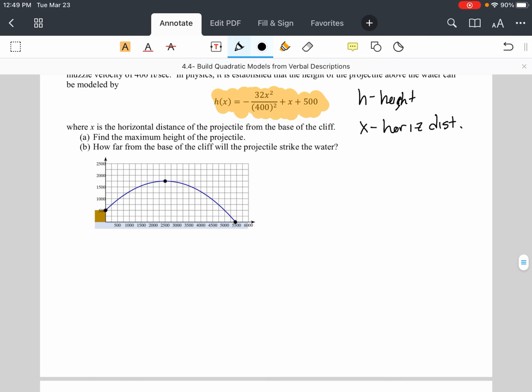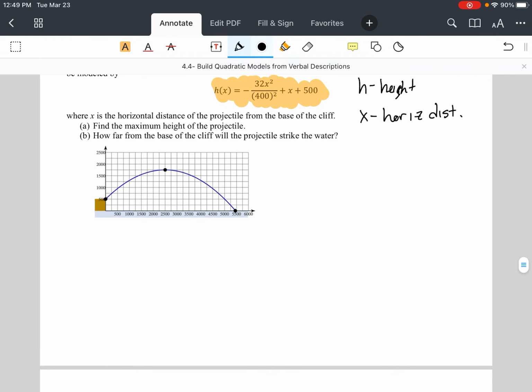It says, find the maximum height of the projectile. We can do this fairly simply by knowing what the vertex is. Remember, anytime we're talking maximum or minimum, we're talking about the vertex of our parabola. So we need to know what h and k are represented by.